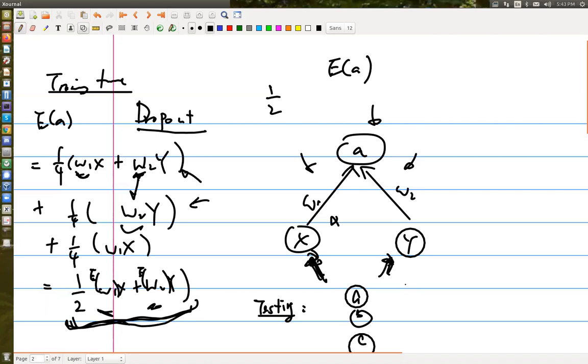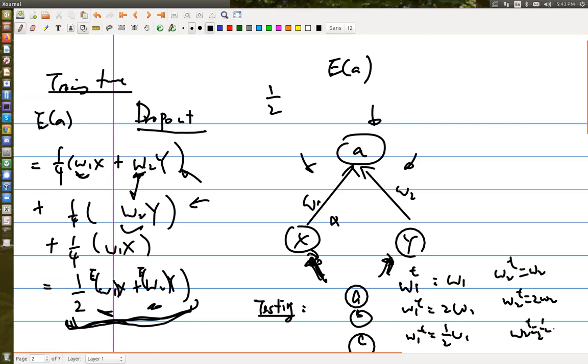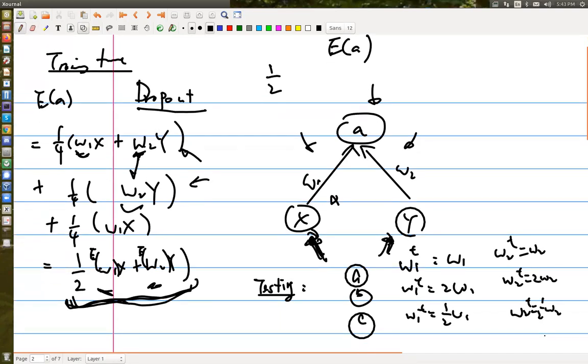Should W1 test equal W1 and W2 test equal W2, or W1 test equal 2W1 and W2 test equal 2W2, or W1 test equal 1/2 W1 and W2 test equal 1/2 W2? Which one should be correct? I guess this is the last question, and then I will end here.